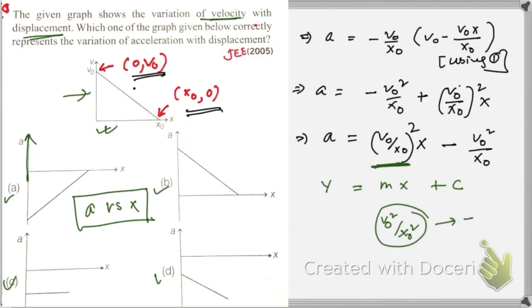So we have got a positive slope. And the value of c is minus v naught square by x naught, which is negative. So the c value is negative, which means this line intersects the y-axis, that is the acceleration axis, below the origin.